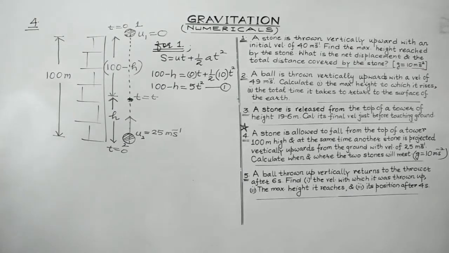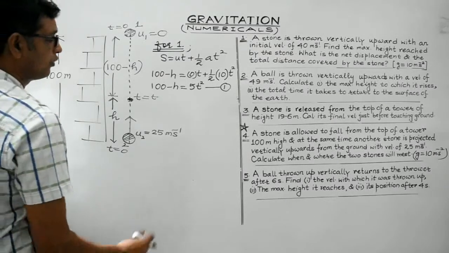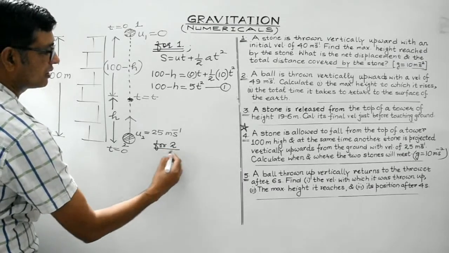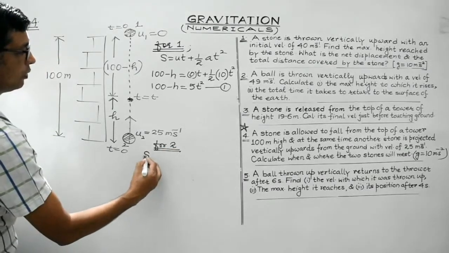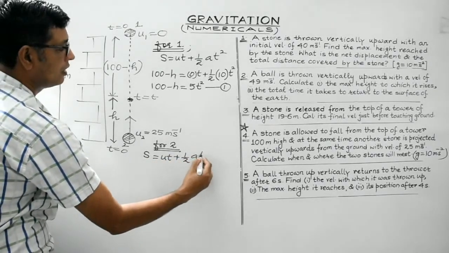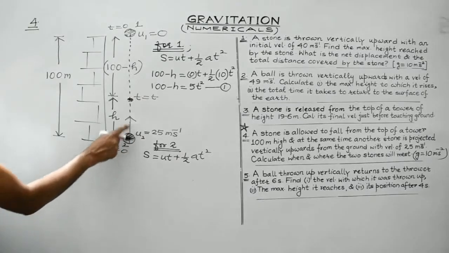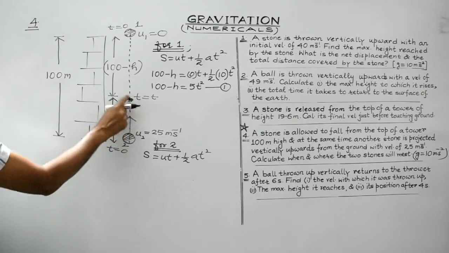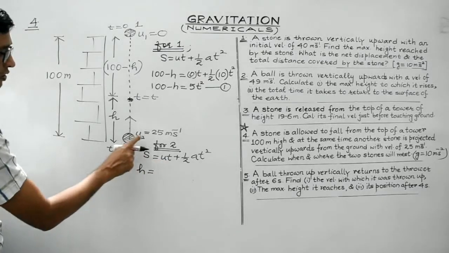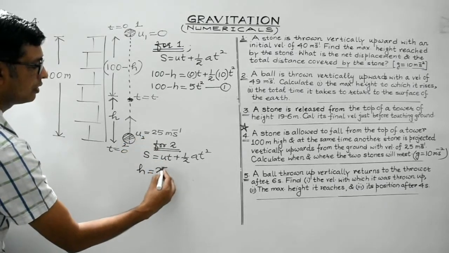Clear? Similarly, let's construct equation number 2 for the second ball or second stone. Again, we'll make use of the second equation of motion, s equals ut plus half at square. Now for the second one, the distance covered is h. Initial velocity is 25.